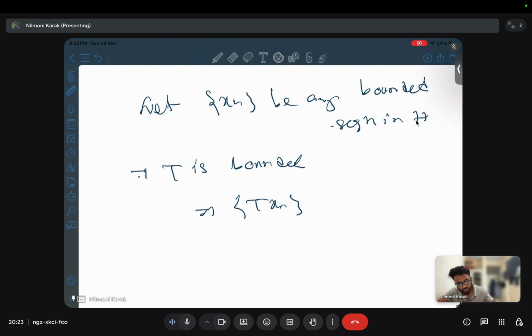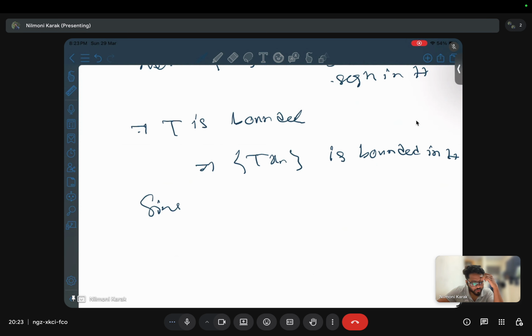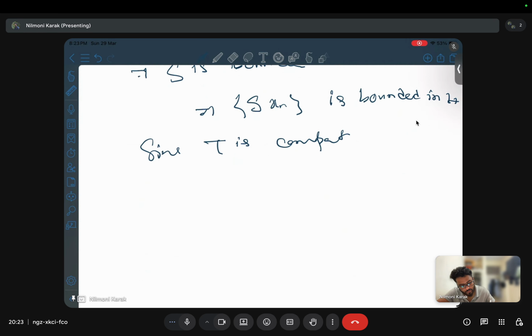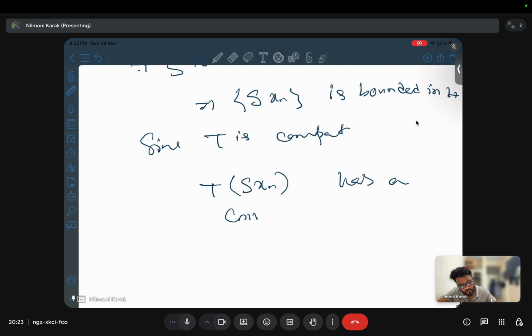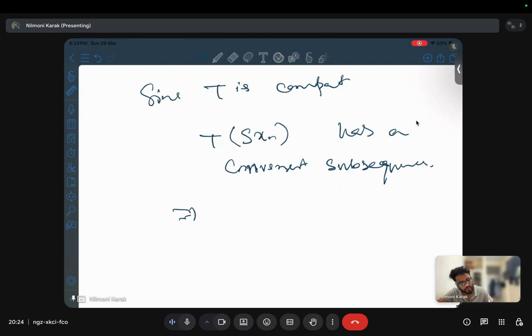Sorry, this is S. Since T is compact, TSxn has a convergent subsequence, and this implies TS is compact.